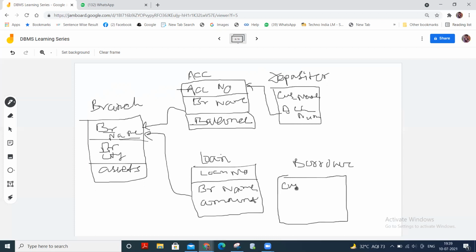Here also customer name and loan number. And the last one is customer.